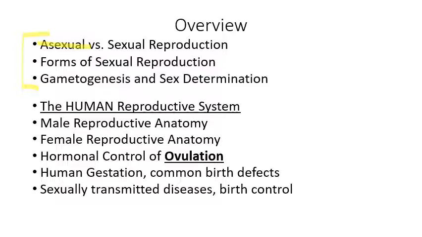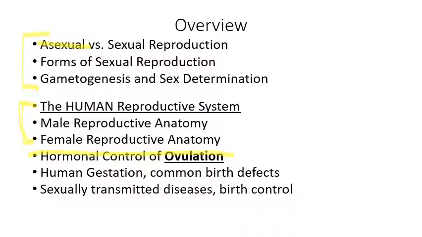Okay, so then we're going to discuss the details of the human reproductive system, including the male and female reproductive anatomy, the parts and how they work. Then we're going to talk about the female reproductive system in more detail, because the production of eggs is called ovulation, and ovulation is controlled by a balance of hormones.